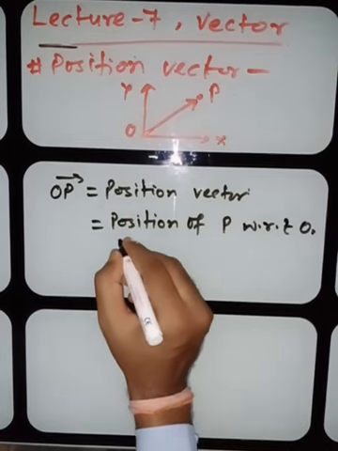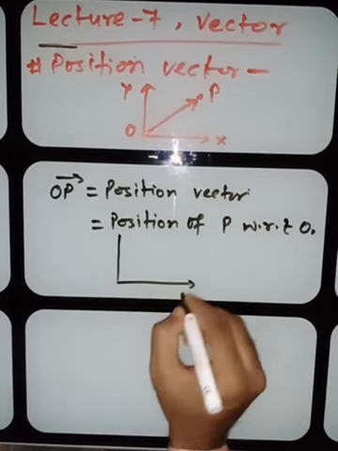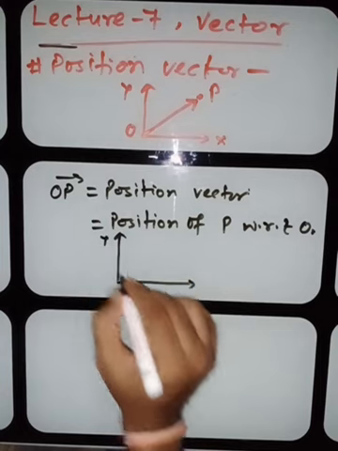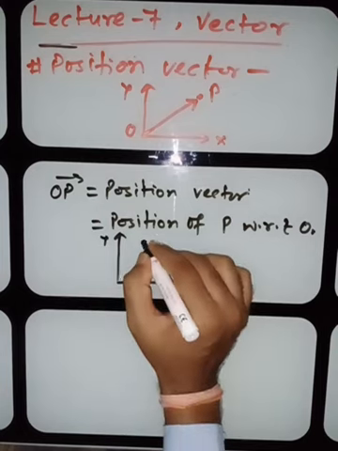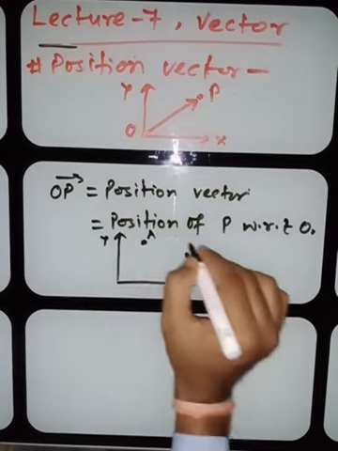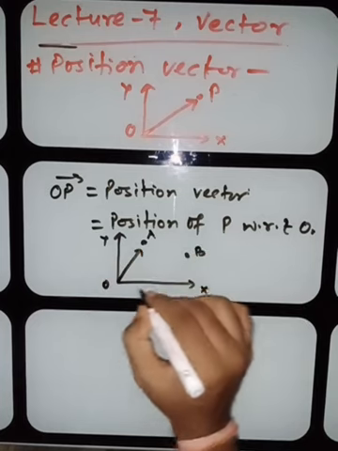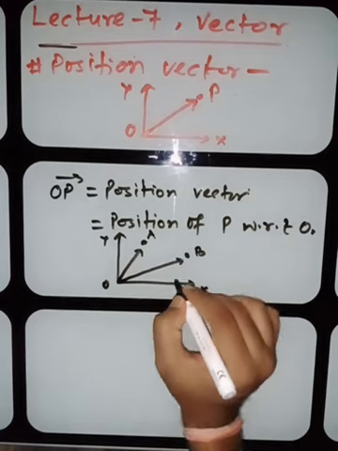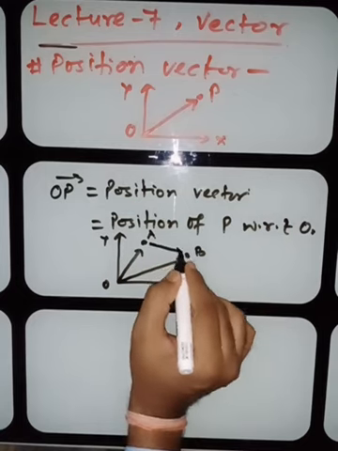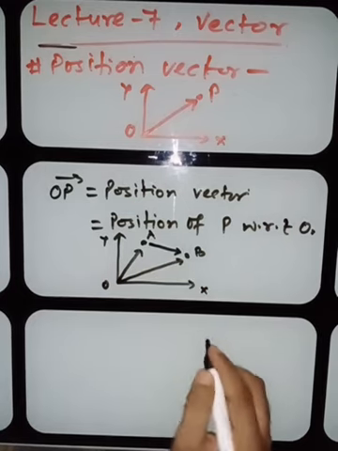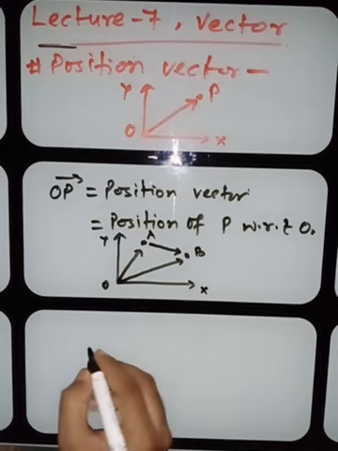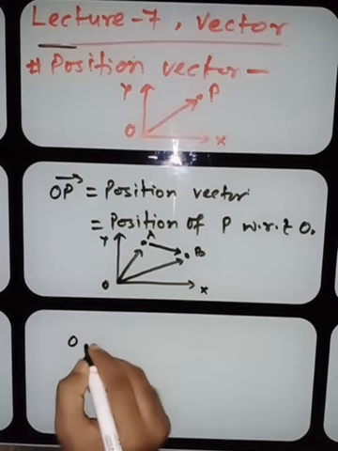If I write it in this way, my dear students, this is the x-axis and y-axis. Here are the two points A and B, and this is O, and I made these three vectors. What will you write about OB?